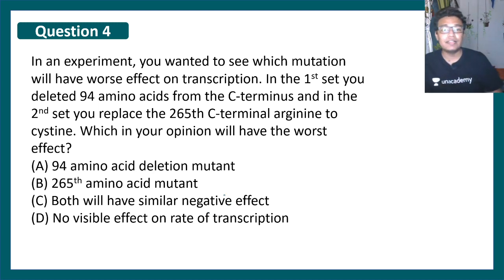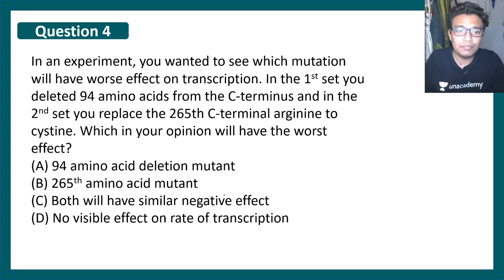So we know that in the eukaryotic transcription, the C terminus of the RNA polymerase would have a heptad repeat, right? So these heptad repeats have specific residues which get phosphorylated, right?